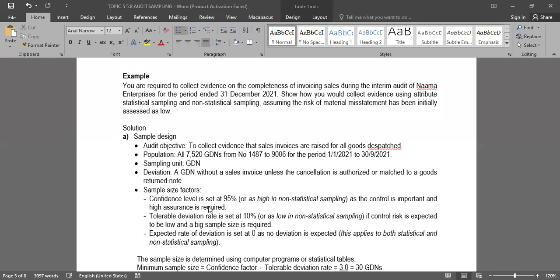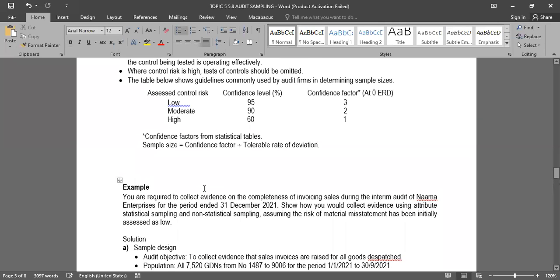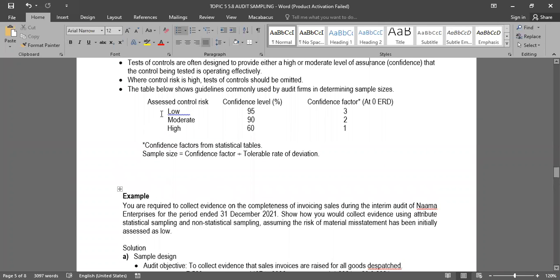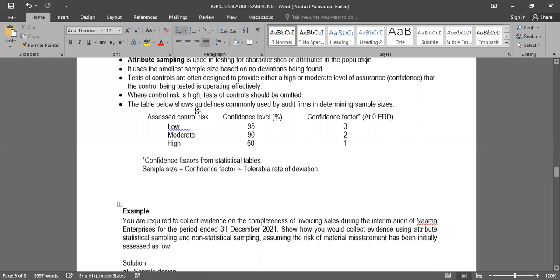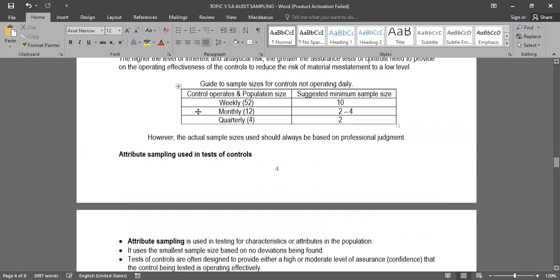So let's continue. Now, sample size factors. For sample size, you don't just say out of the blue that I have a sample size. As a matter of fact, there's a table here that shows these factors. This one is for internal controls.